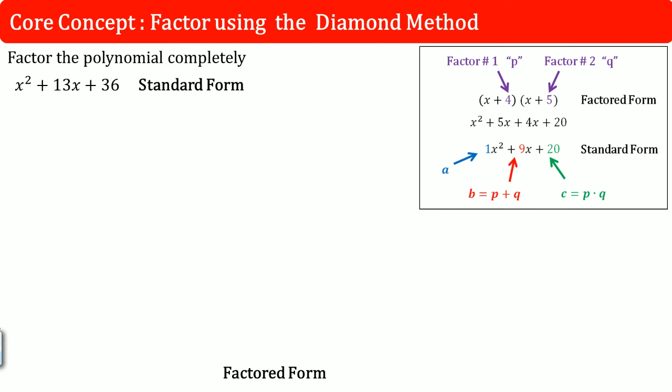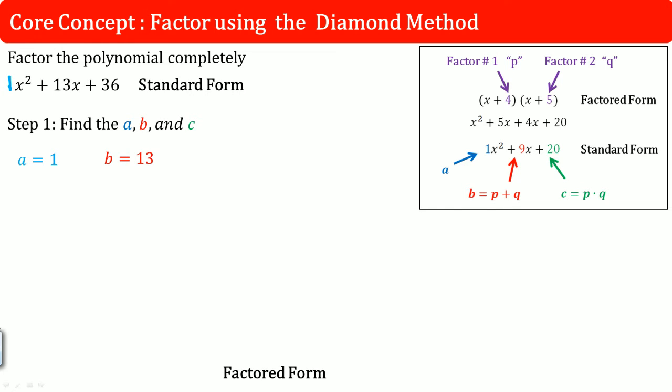Now, this is the core concept: how to get from standard form into factored form. The first step is to find A, B, and C. A is 1 because that is the number in front right here.